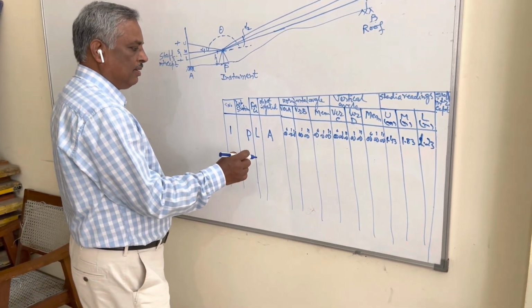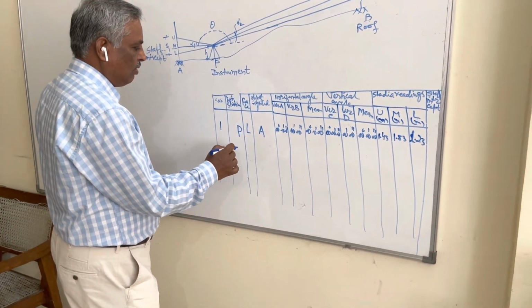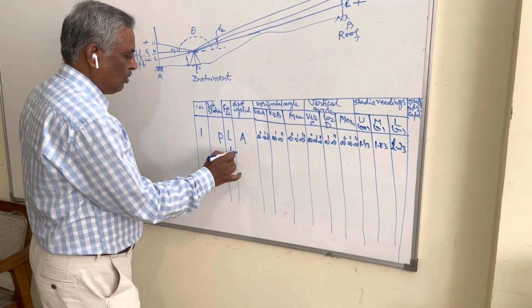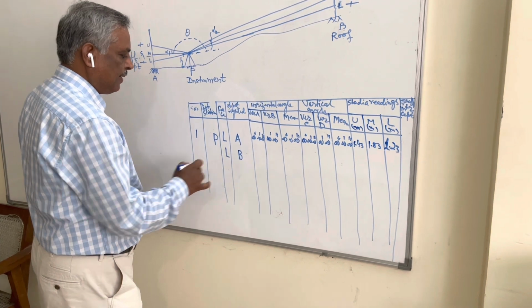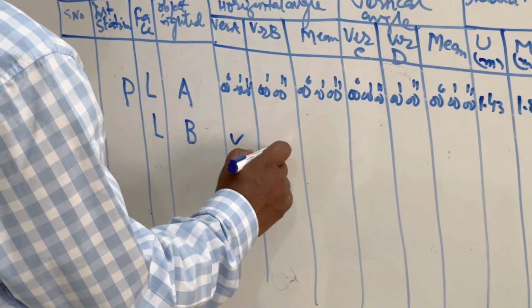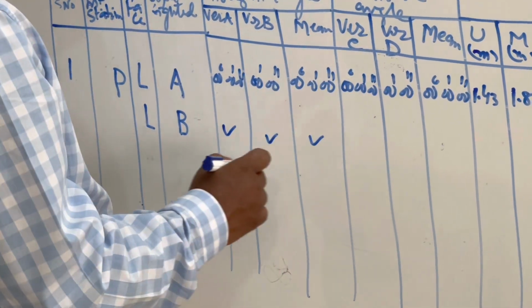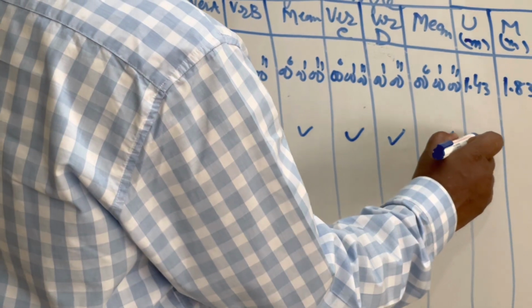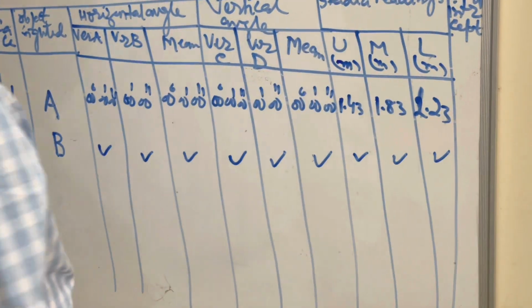Similarly, we have to go to P, then you are going to B. This is how much the horizontal angle you record here, you record here, record here. You also record the vertical angles. All this will be recorded.